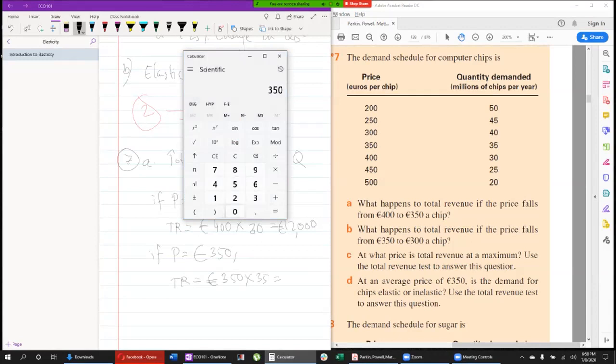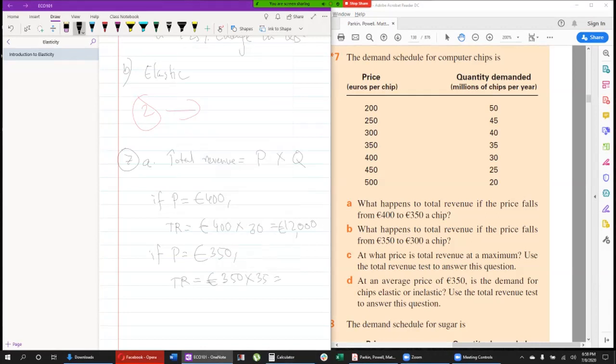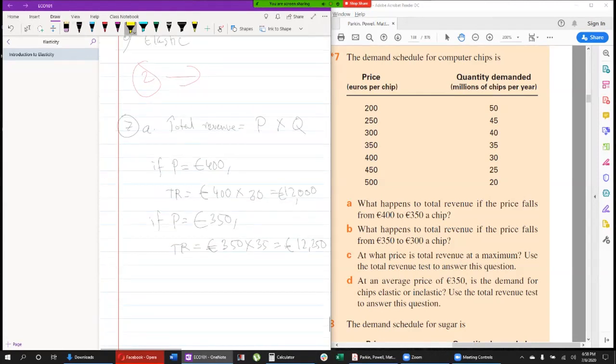So 350 times 35, 12,250. Okay, so this is what we find. If price is 400, total revenue is 12,000. And if price is 350, total revenue is 12,250. And I think that's the end of part A.